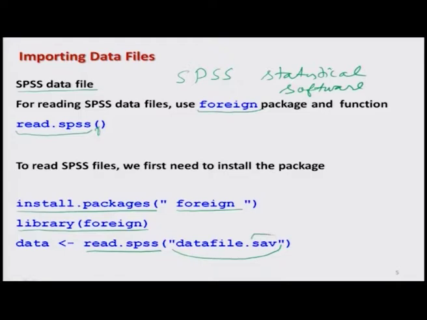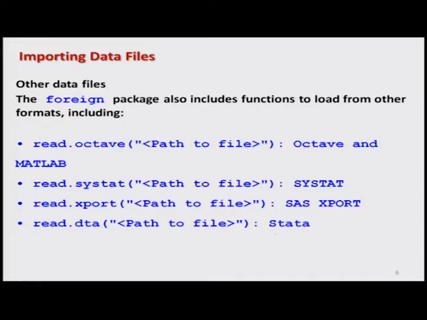In SPSS the extension of the data file is .sav. So, that is pretty simple. And there are some other options also to read data files from other software, and for that usually the package foreign works.